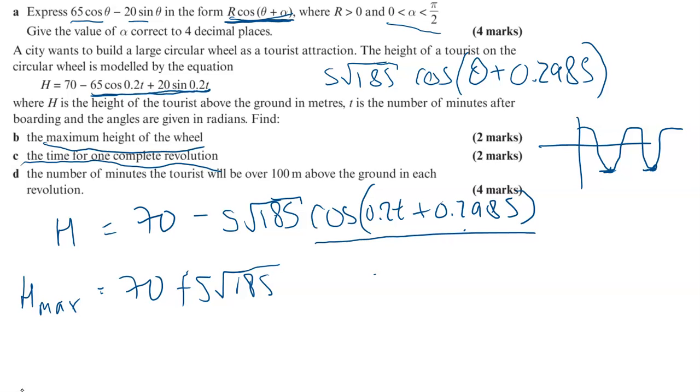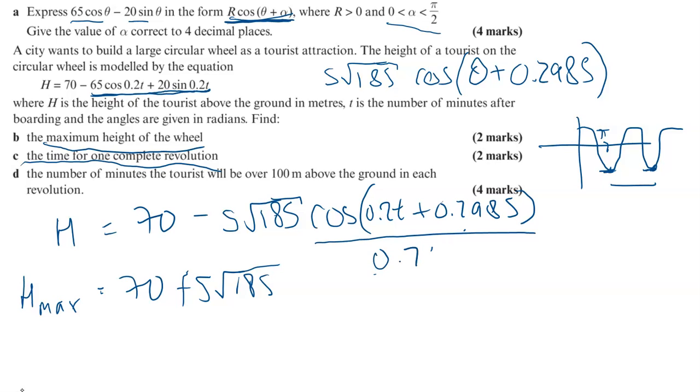So what we need is those two values, and then we can just subtract to get the time in between. So that means that if this thing has to equal -1, that will happen when this angle equals, what would that be? That's going to be pi, because that's halfway through the cos.